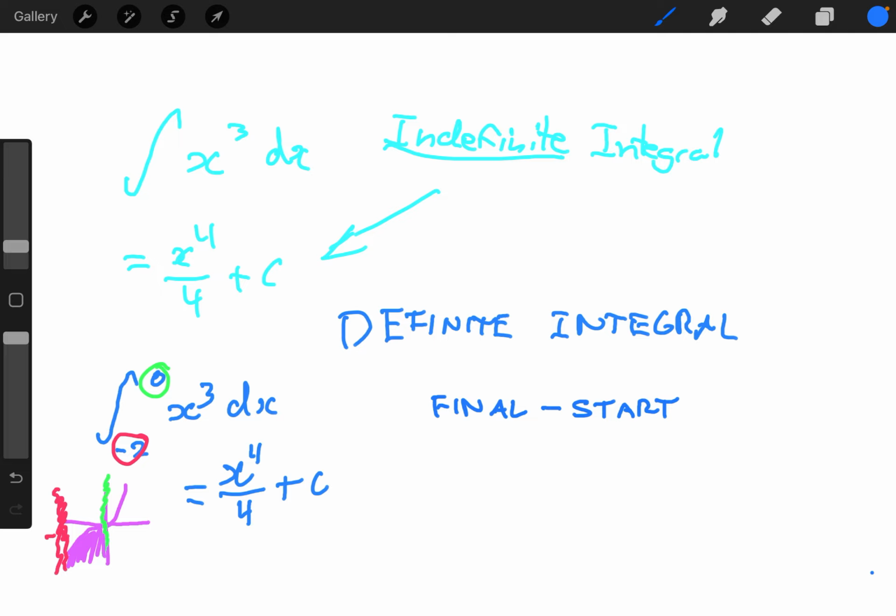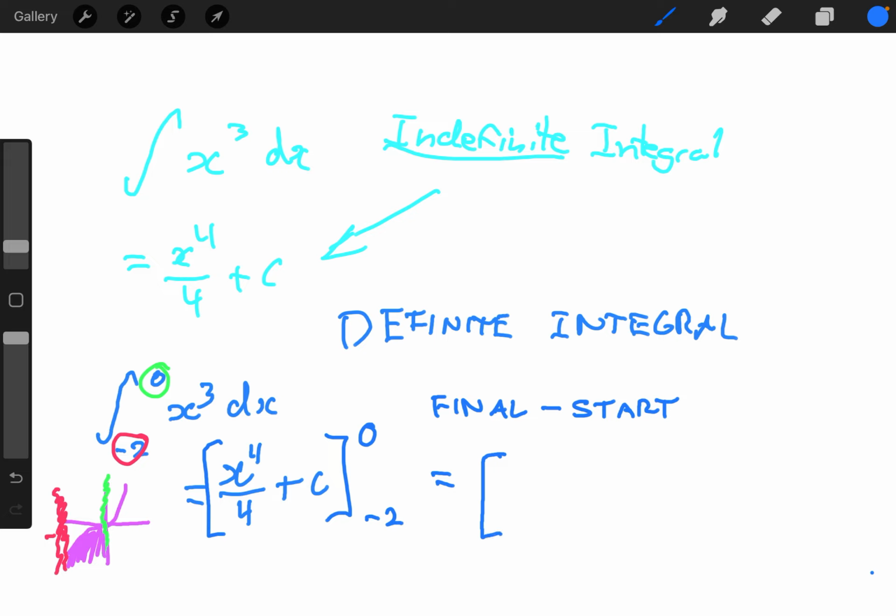So this just signifies that we're going to find this value of the function between these two numbers, between negative 2 and 0. That's just how you write it. It's nothing special. And equals, the final one, so the final is 0, so that's important.